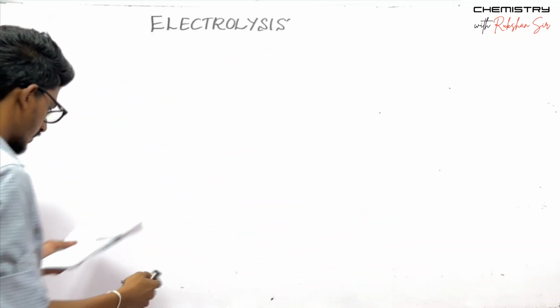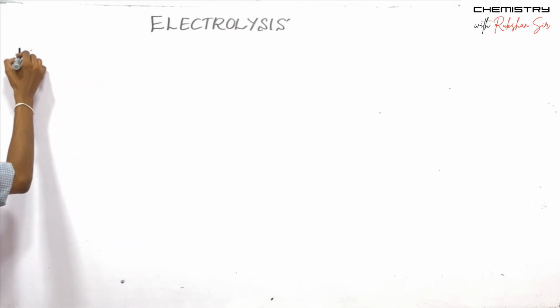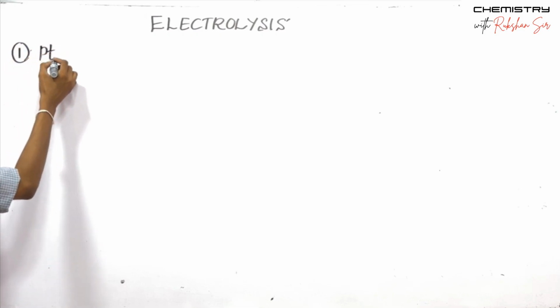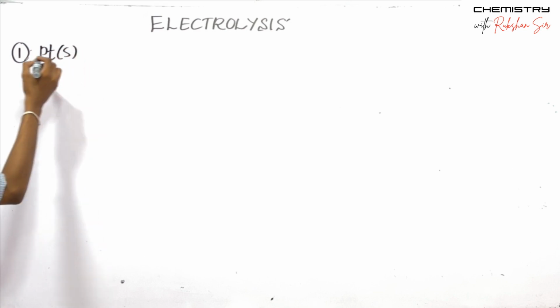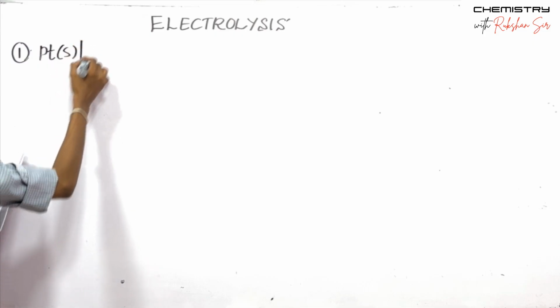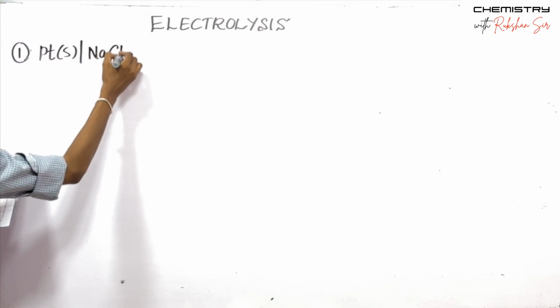Right. So what are the 4 exercises there? You are supposed to write the reactions at the cathode and the anode for these electrolytic cell processes.